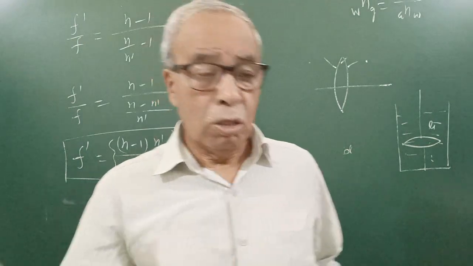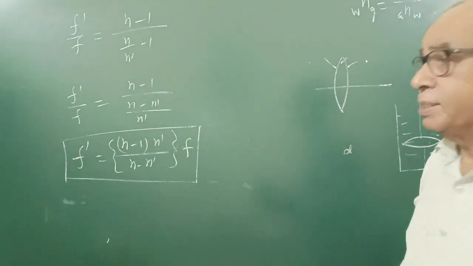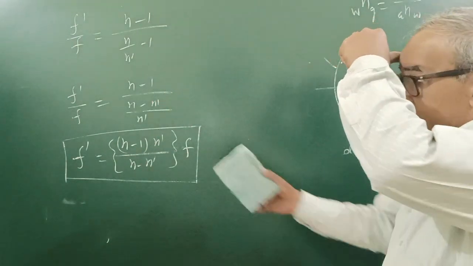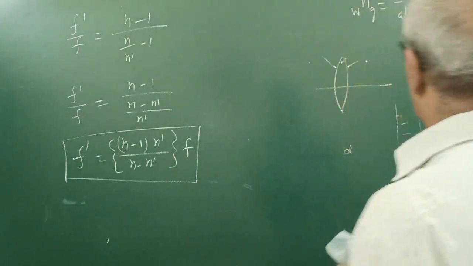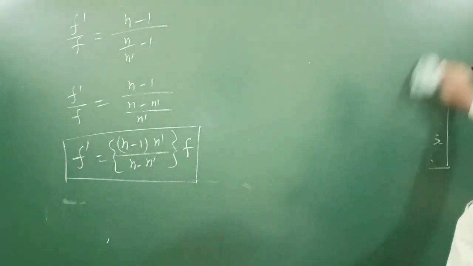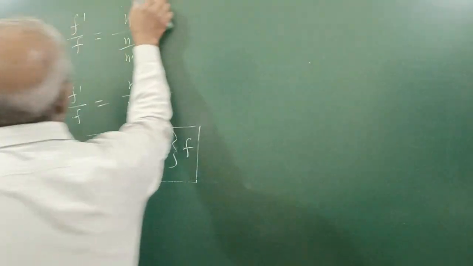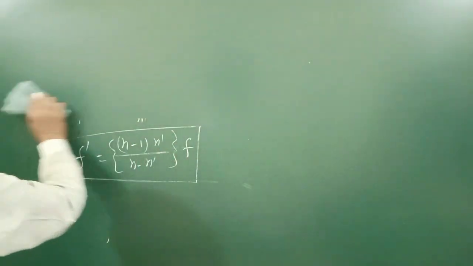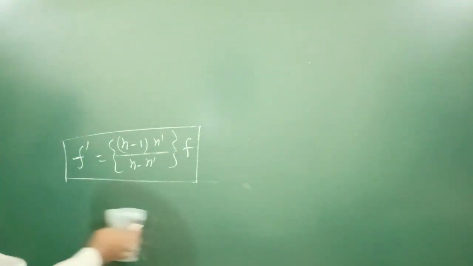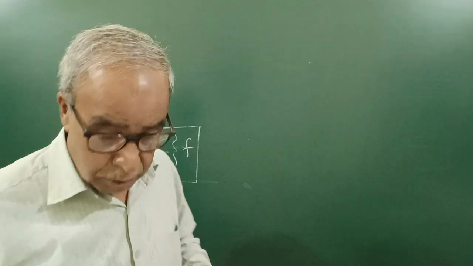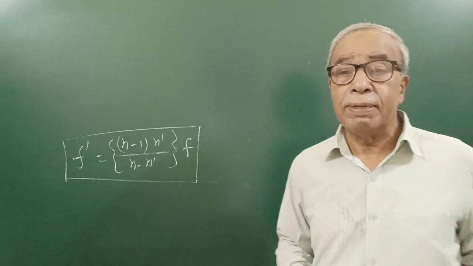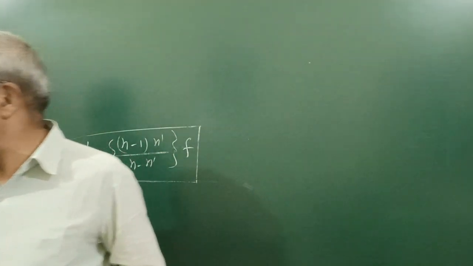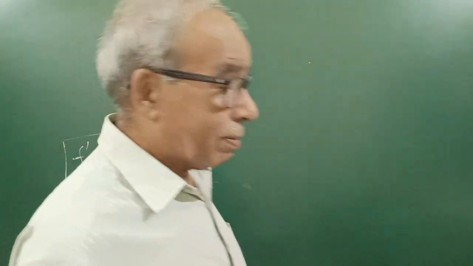So you please learn this thing. f' is the focal length of the lens in liquid, while f is the focal length of the lens in air. You know refractive index varies from material to material, from color to color also. For a given glass, different colors of light have different values of refractive index.